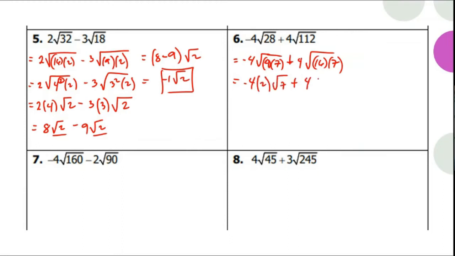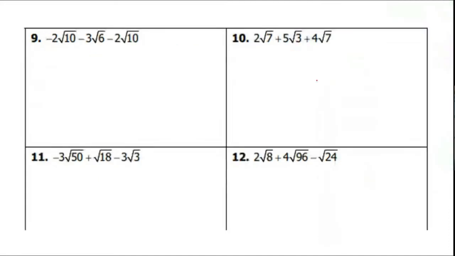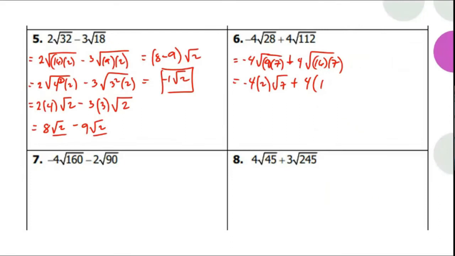Plus 4 square root of 16 is 4, square root of 7. So simplifying, we will multiply with the coefficient: negative 4 times 2 is negative 8 square root of 7, plus 4 times 4 is 16 square root of 7. So based on the given, we now have two similar radicals.